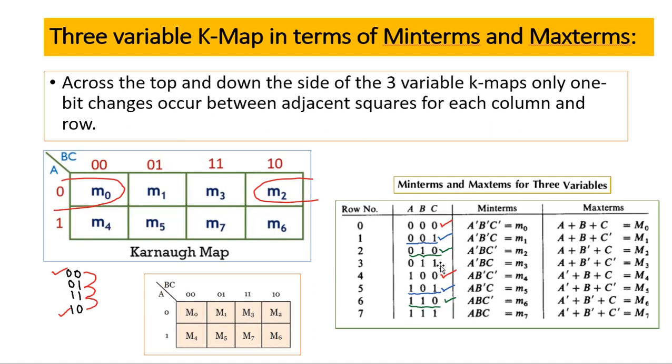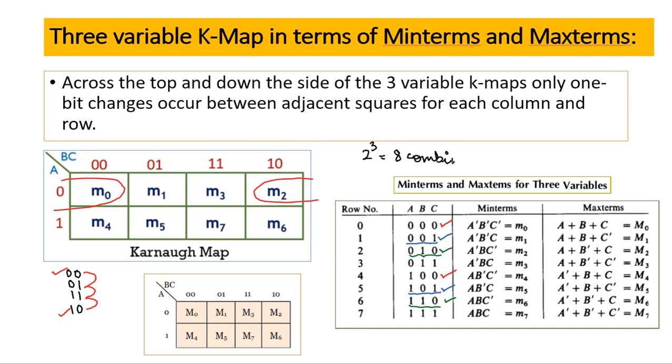Here you can see I have put up a table which shows the 3 variables and their input combinations, and the 3 variables are A, B, C. If there are 3 variables, you know that there will be 2 to the power 3, that is 8 combinations of inputs.